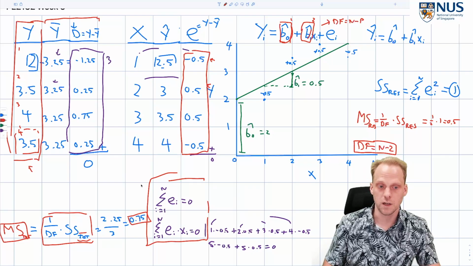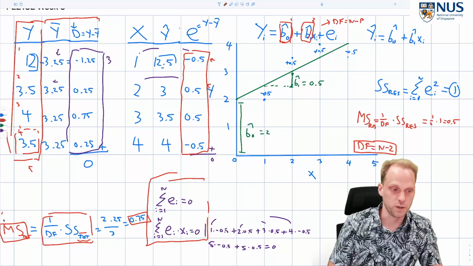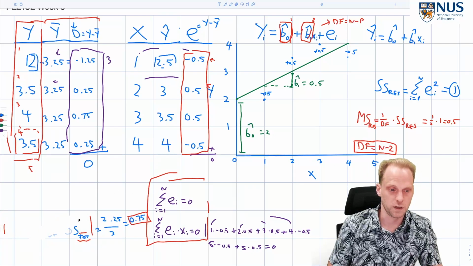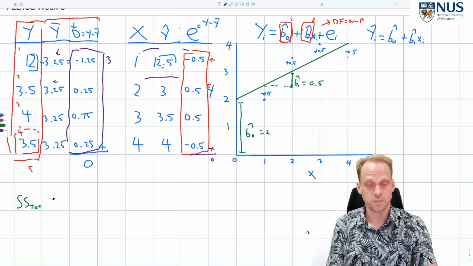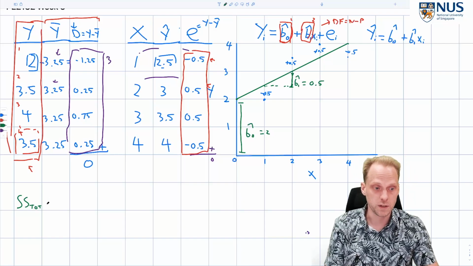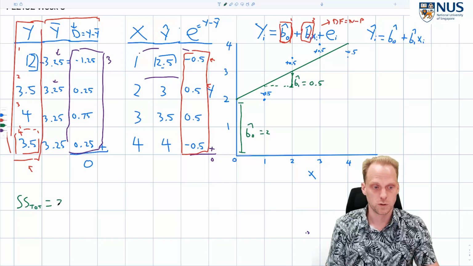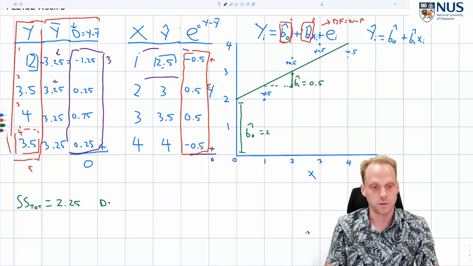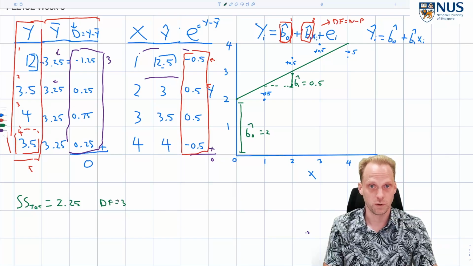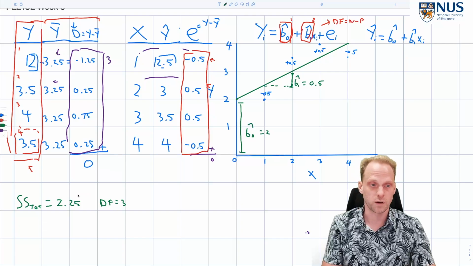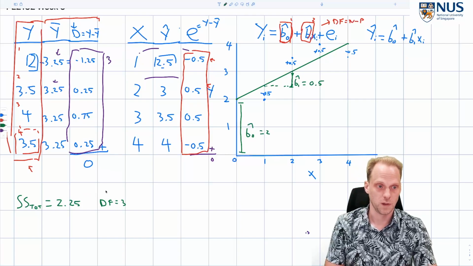So let's clean up a bit here and add all this information together. So we have the total sum of squares from the model where we only have a mean equals 2.25. We also knew that the degrees of freedom here were 3. There are 3 degrees of freedom that we used to calculate this variance. N minus 1 because we used one mean.